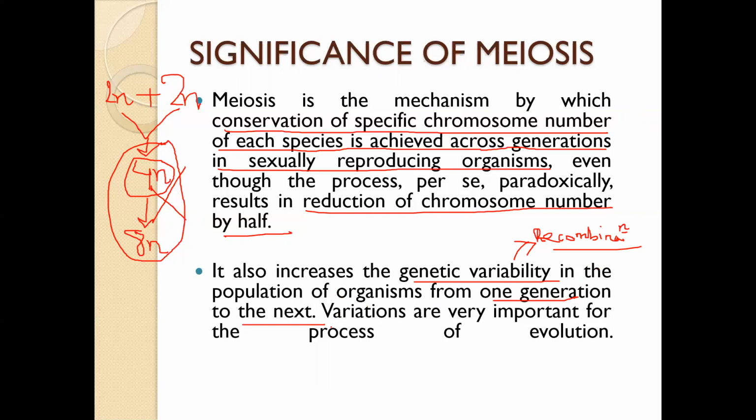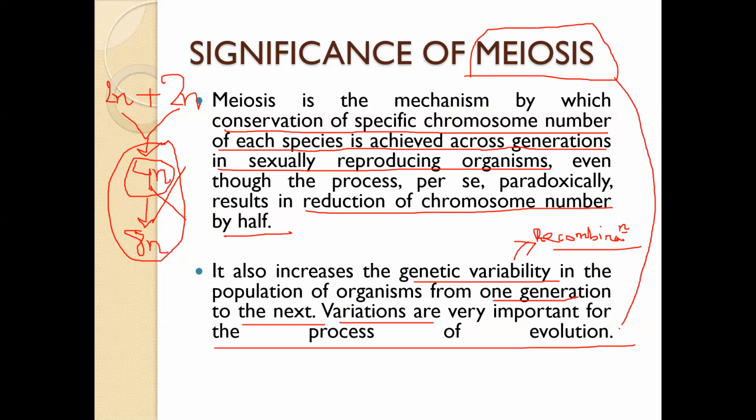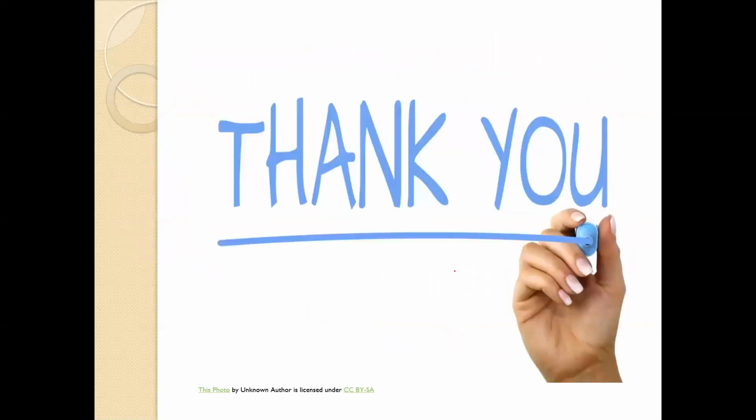That is why we may have some similarity with our parents, but we also have several dissimilarities. That is called variation. Variations are very important for the process of evolution. So this meiotic cell division process can directly correlate with the process of evolution.